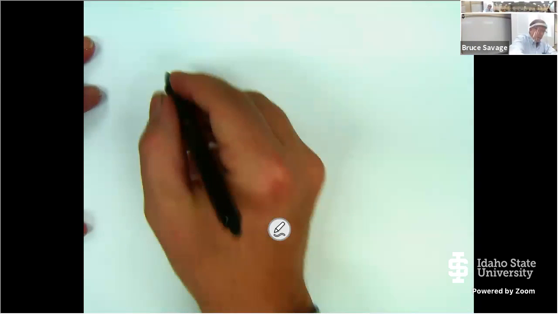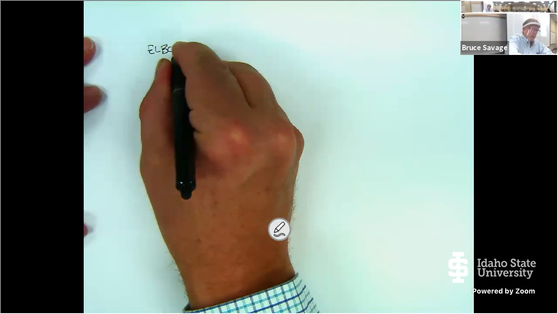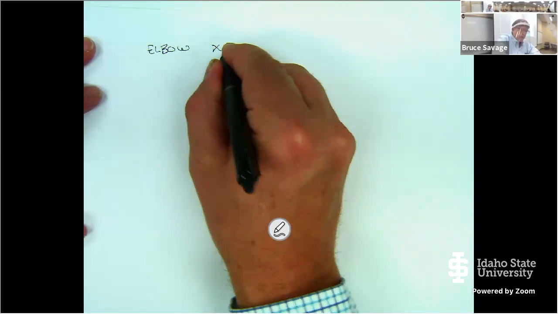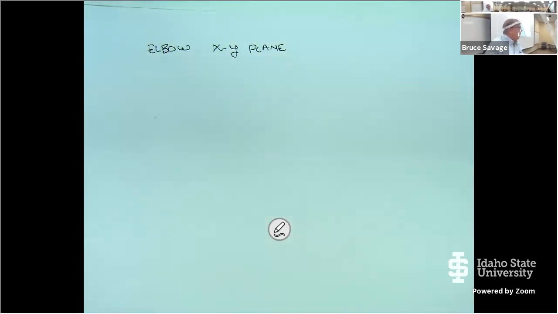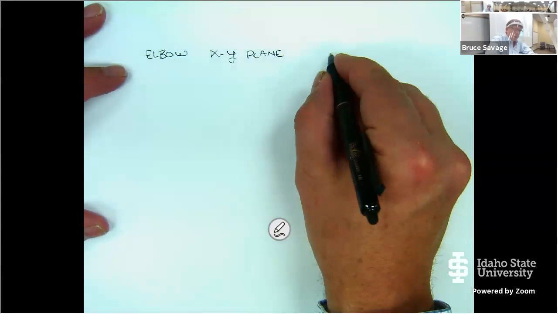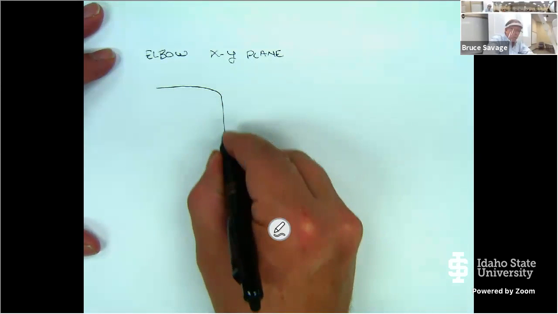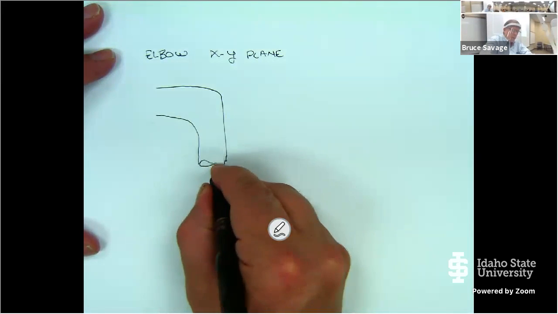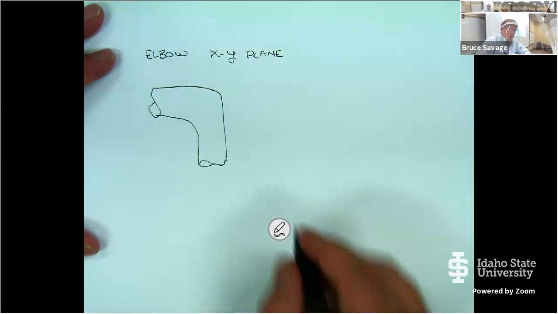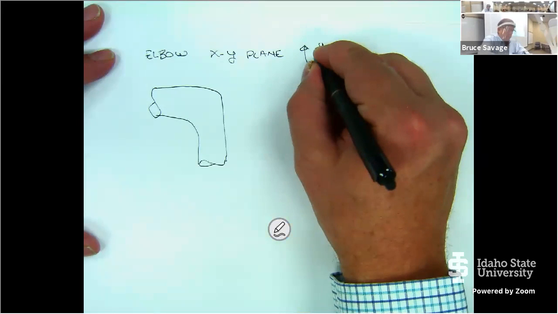Okay, let's assume that we have an elbow, and it's in the XY plane. Now, the reason why I put it in the XY plane is we don't have to take into account the fluid inside the elbow and gravity, because it has weight. So if I have this elbow in the XY plane, okay, so here's the XY plane, X and Y, positive direction.